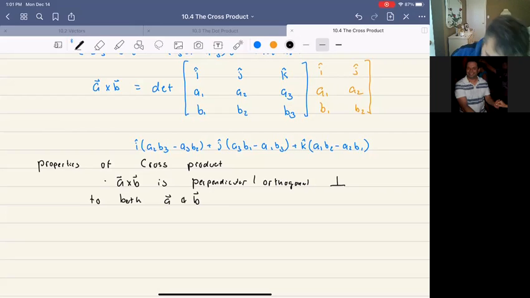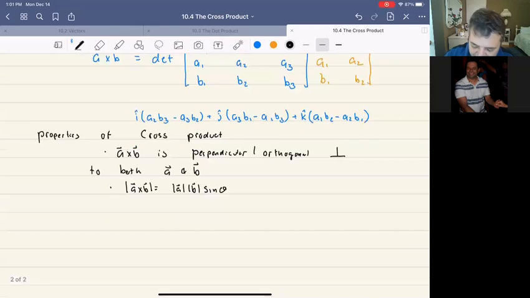Okay. Second, the magnitude of A cross B is equal to the magnitude of A, magnitude of B, times the sine of theta.